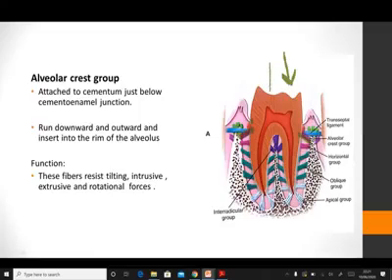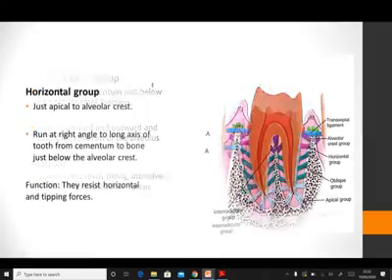The extrusive forces are forces that pull the tooth out of the socket. The alveolar crest group also resists these forces. The rotational forces would be those that allow the tooth to rotate within the socket or move within the socket, and the alveolar crest group also resists these forces. So the alveolar crest group fibers basically resist the tilting, intrusive, extrusive, and rotational forces on the tooth.